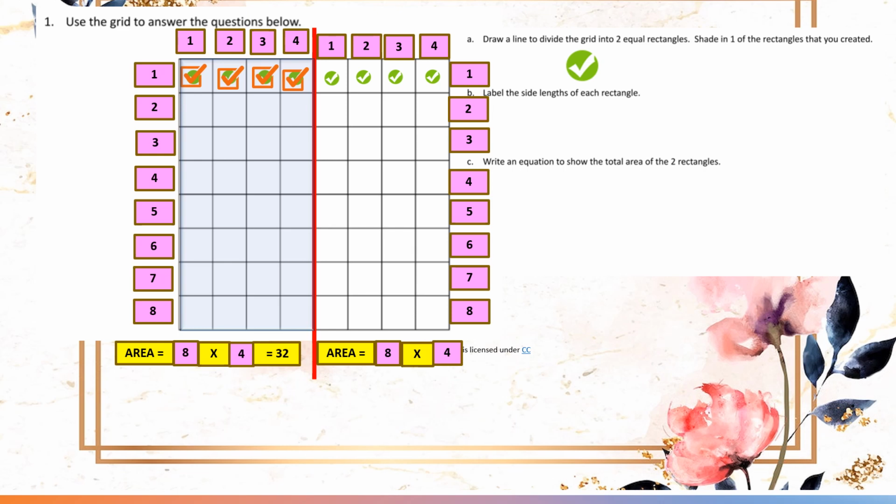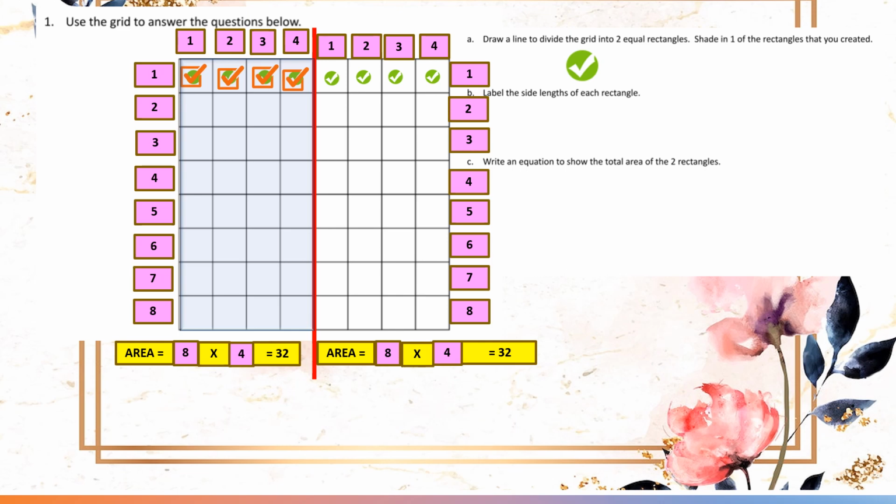Now, we have the same exact area on the left side, the blue one that I shaded in, as we do on the right side, the white one that we did not shade in. So we already know that 8 times 4 equals 32. So both rectangles have an area of 32.